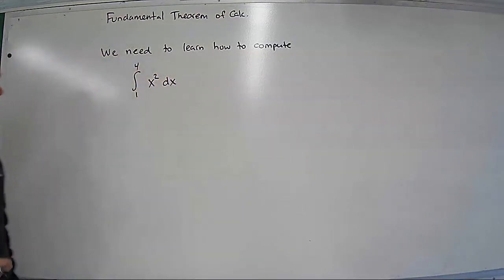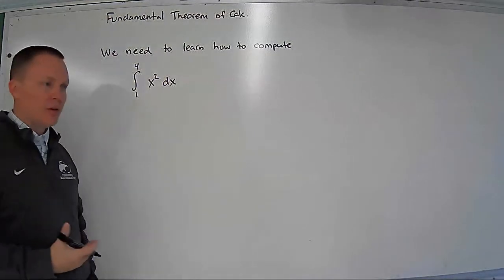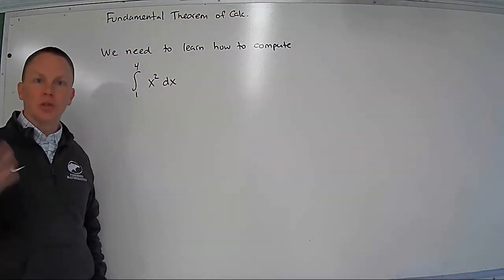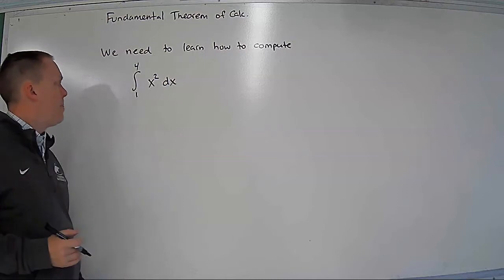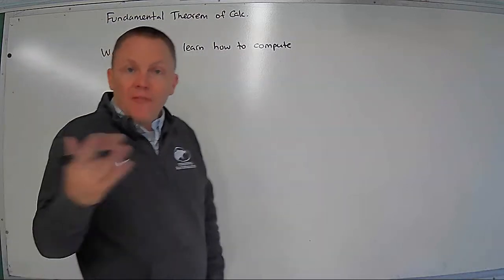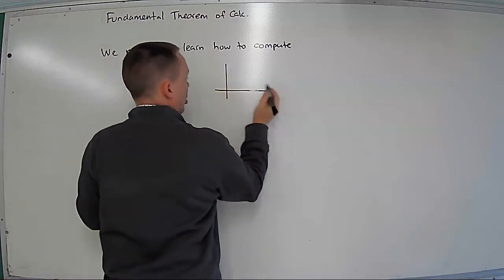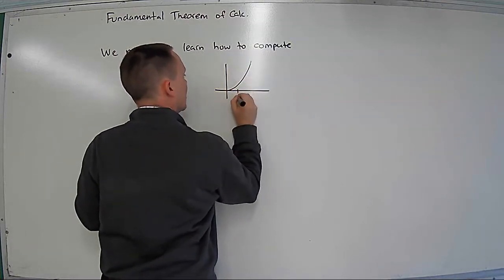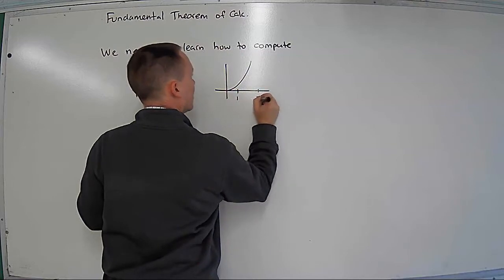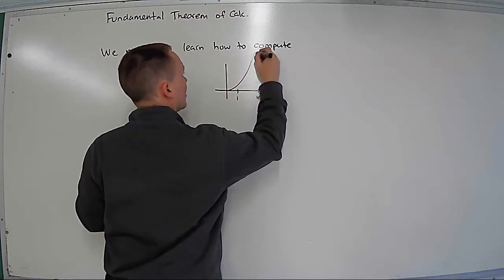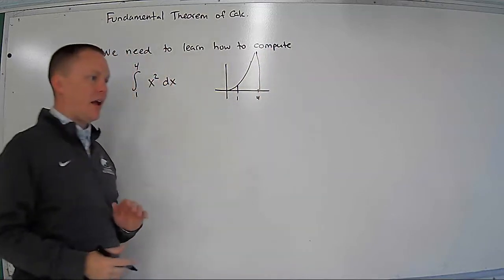We need to learn how to compute that integral outside of sticking it into Desmos or our calculator. Now, a graphical interpretation of this integral could be that area right there.